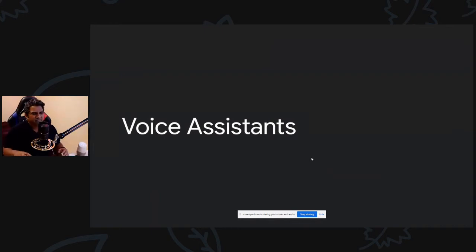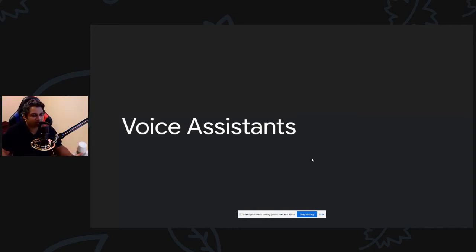So now that we have a very high level overview of what a chatbot is, let's talk about voice assistants. When we talk about voice assistants, one of the first things that comes to our mind is the Google Assistant. We have the Google Home here.